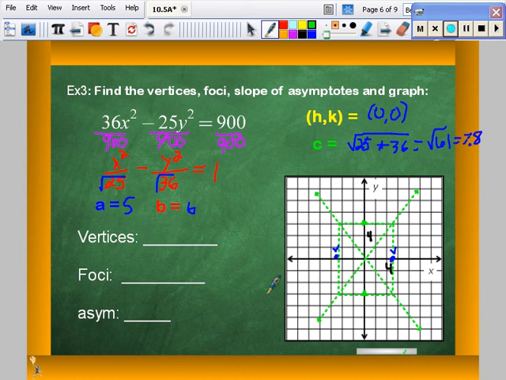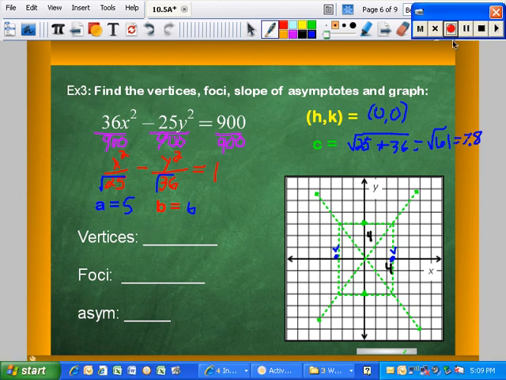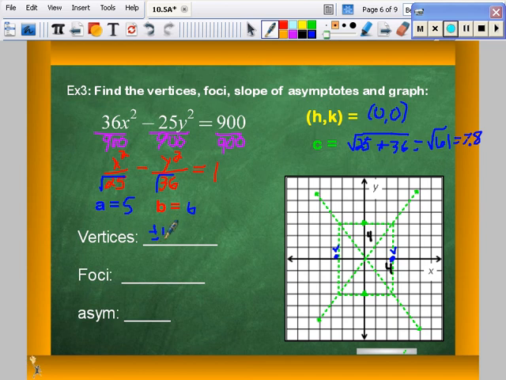Okay, so let's go ahead and give the information that we know. The vertices are going to be plus minus 5, comma 0. The foci, we need to plot those yet. We are going to go 7.8 plus minus 7.8.